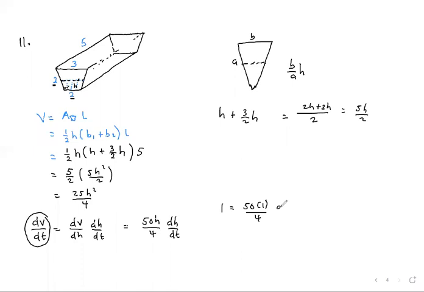So the rate at which height is changing when the water level is 1 meter deep is going to be 4 over 50 meters per minute. This can be simplified as 2 over 25 meters per minute.